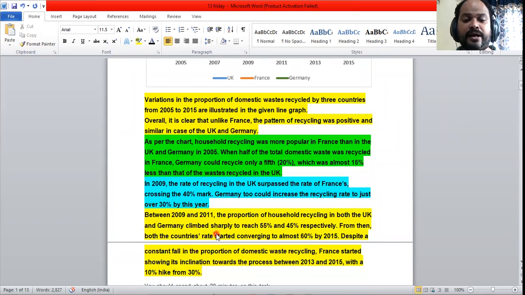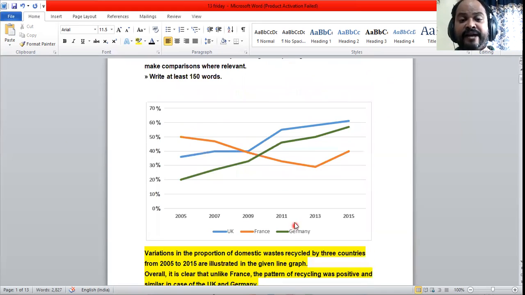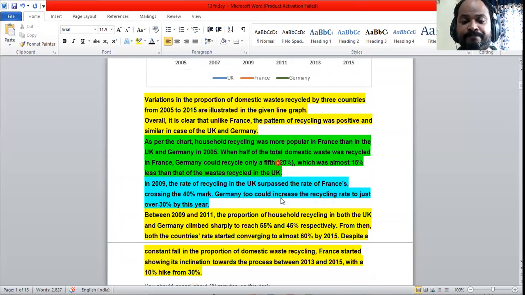Now let's see, in between 2009 and 2011, the proportion of household recycling in both the UK and Germany climbed sharply to reach 55 and 45. So sharp climb, you can see these years, 55 and 45.